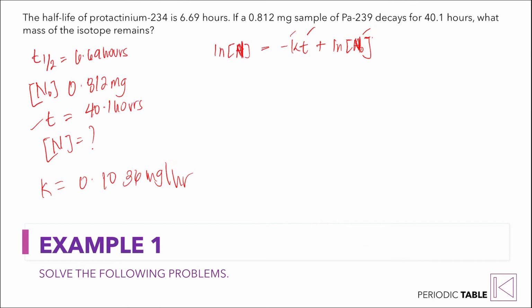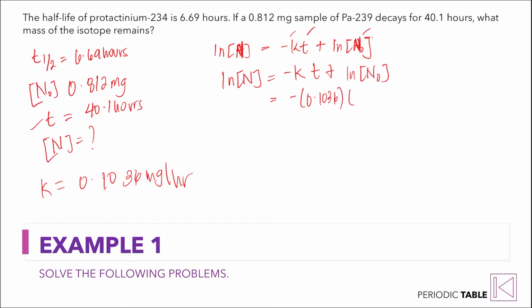So gagamitin natin ngayon yung K na to solve for the N. No? So to get the N, we use ln n equals negative K T plus ln n0. So paano natin siya isosolve? So negative K, which is negative 0.1036.